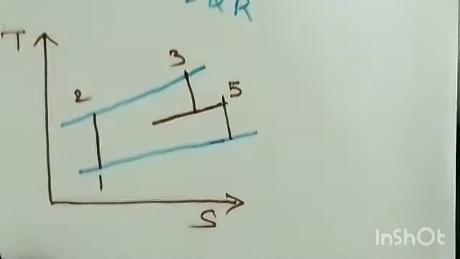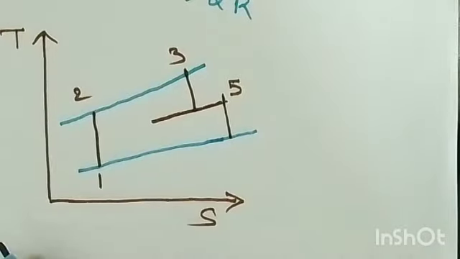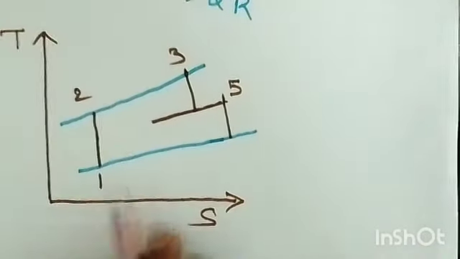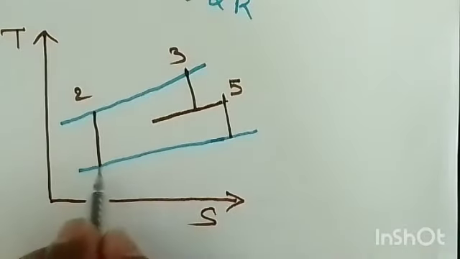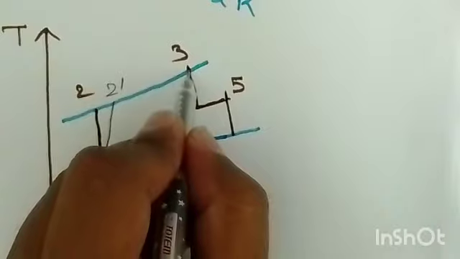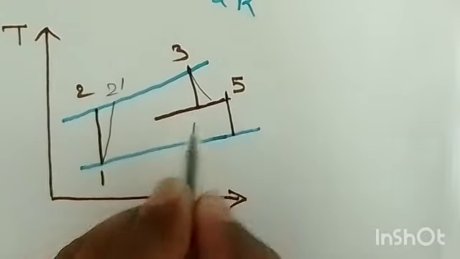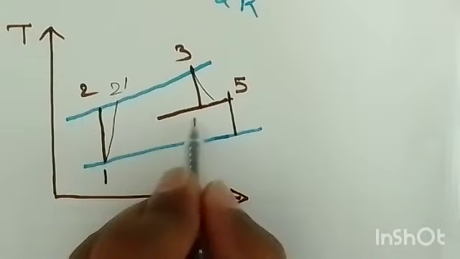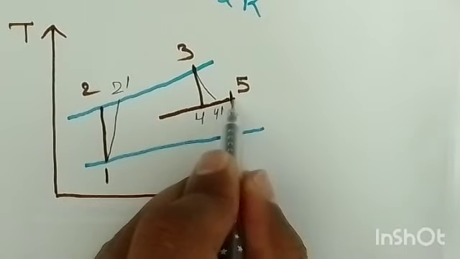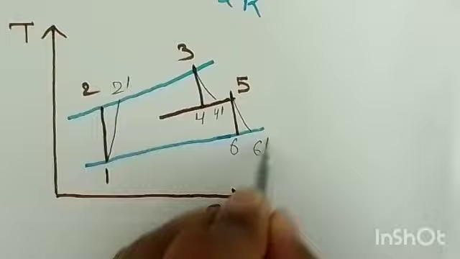Now if it is the actual process, how does it look? For the actual case it will be something like this. So this will be 1 to 2 dash, 3 to 4 dash, and 5 to 6 dash, right?